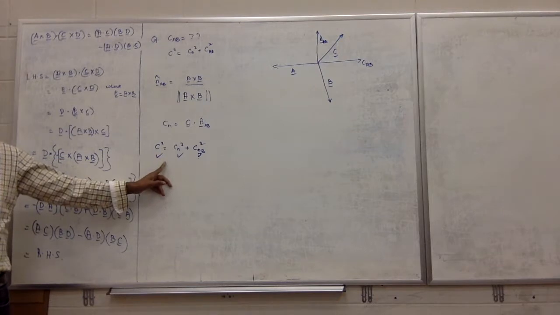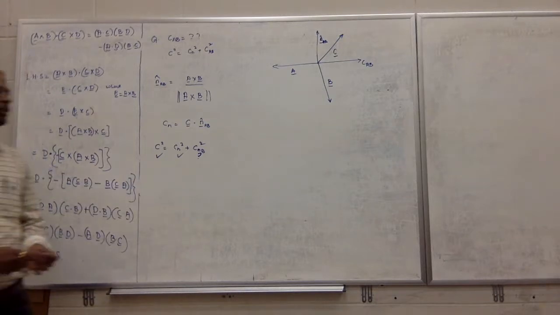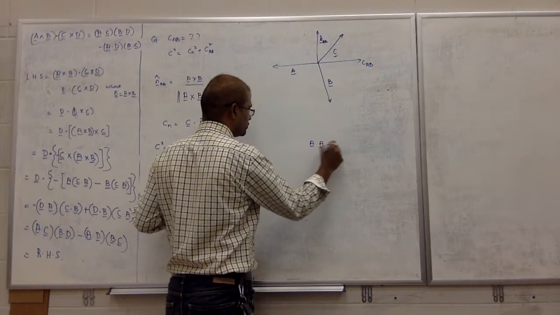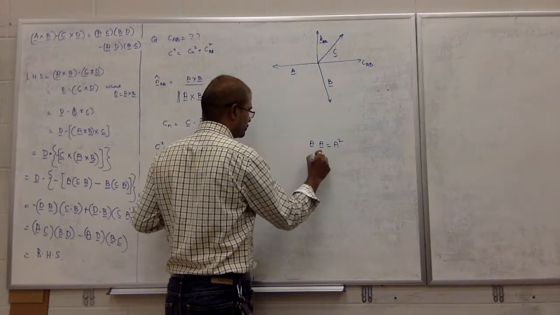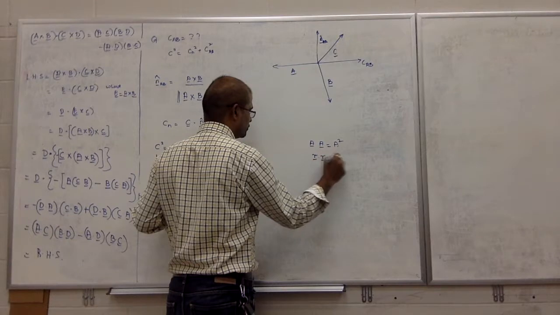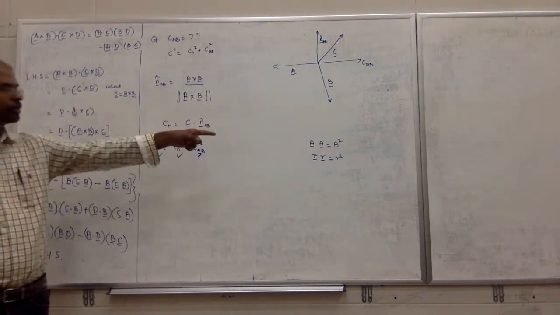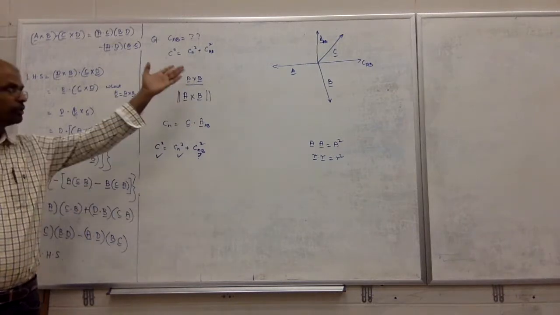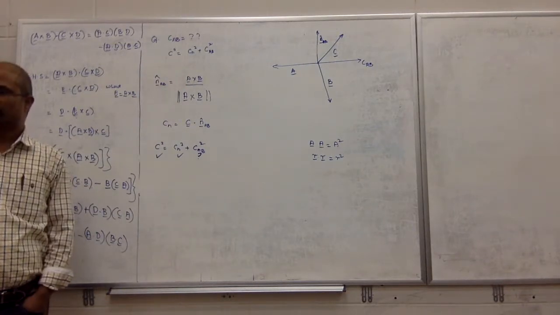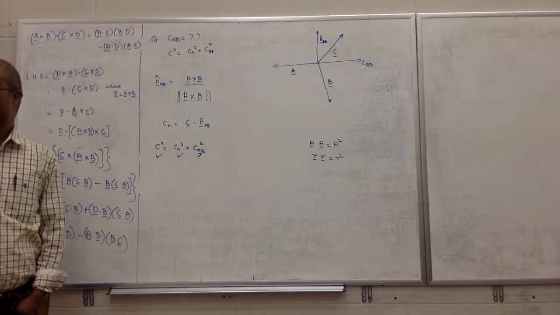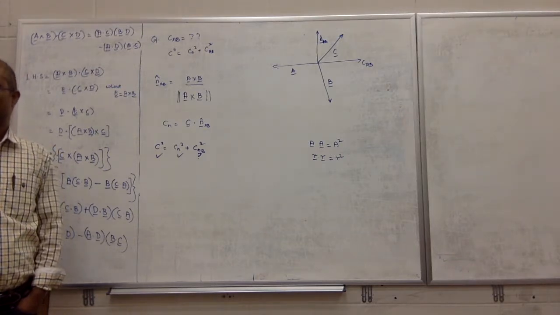This is C dotted with C. C dotted with C is C squared. C is given to you. It is just the vector squared, or the magnitude squared.